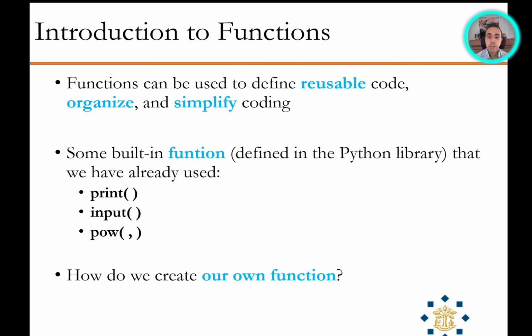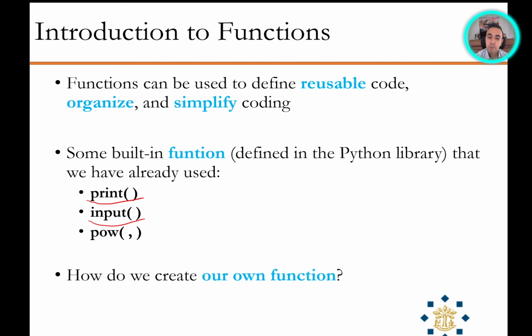So we use functions to define reusable code, basically to simplify our coding and save some time. We already used some built-in functions defined in the Python library. For instance, we use print. So print is a function. We don't know what it does, we just know how to use it. We already use it, right? So input is another built-in function.